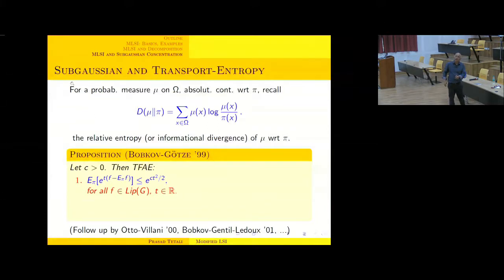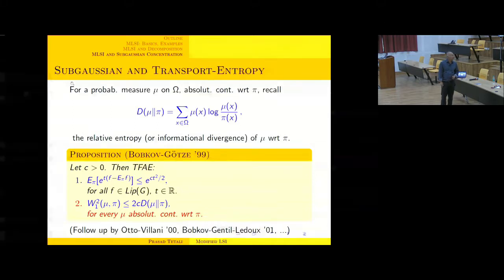That's sub-Gaussian, depending on this C. This is equivalent to a so-called transport entropy inequality. Transport because of this W1, entropy because of relative entropy. Such an inequality with W2 is also known as Talagrand's inequality, and Talagrand used that to prove some nice results about concentration of measure. What these guys observed is that this is actually equivalent to this W1 version of transport entropy.